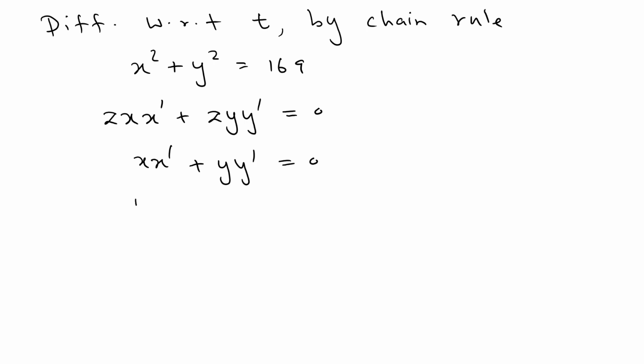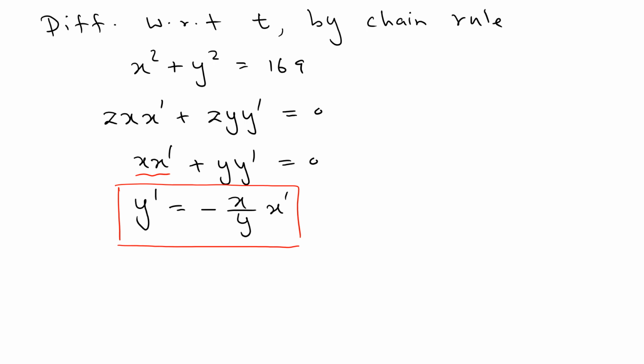And then the 2 gets cancelled, so you get x x prime plus y y prime equals 0. We are looking for y prime, so you bring the x term to the other side, so it becomes negative. So y prime equals negative x over y times x prime. That is the relation we are looking for, and we have all three quantities on the right side, so we can plug in.